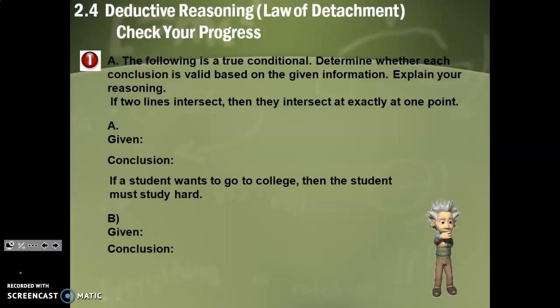Here are some examples too. If two lines intersect, then they intersect at exactly 1 point. So in this one, we could say lines L and M intersect.